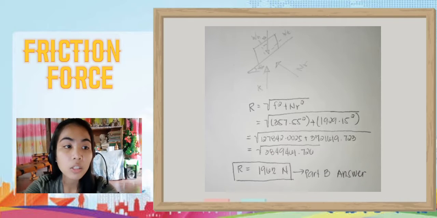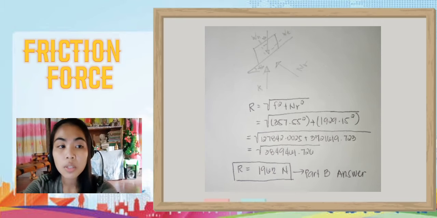So, i-add natin yun siya, magiging square root of 3,849,461.726. Then, kukunin na natin yung square root. So, ang reaction natin is equals to 1,962 newtons. Na-solve na natin ang part B.